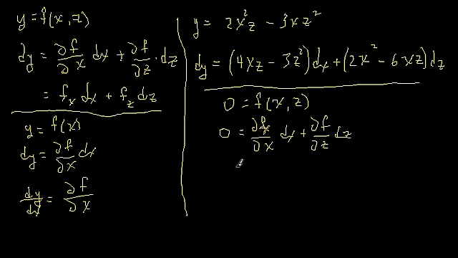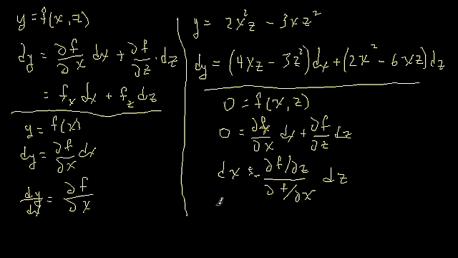And then we can solve that equation, and we'll find that dx is equal to minus the partial derivative of f with respect to z divided by the partial derivative of f with respect to x, times dz.